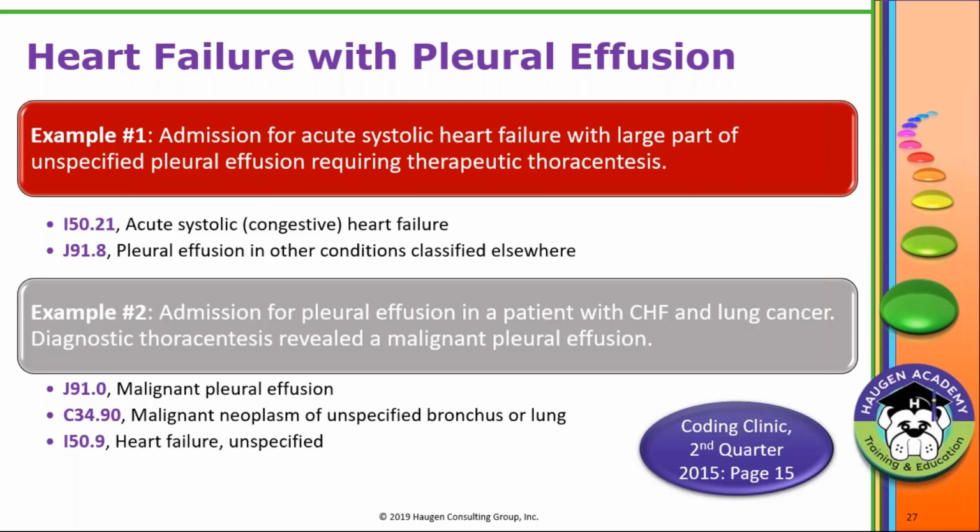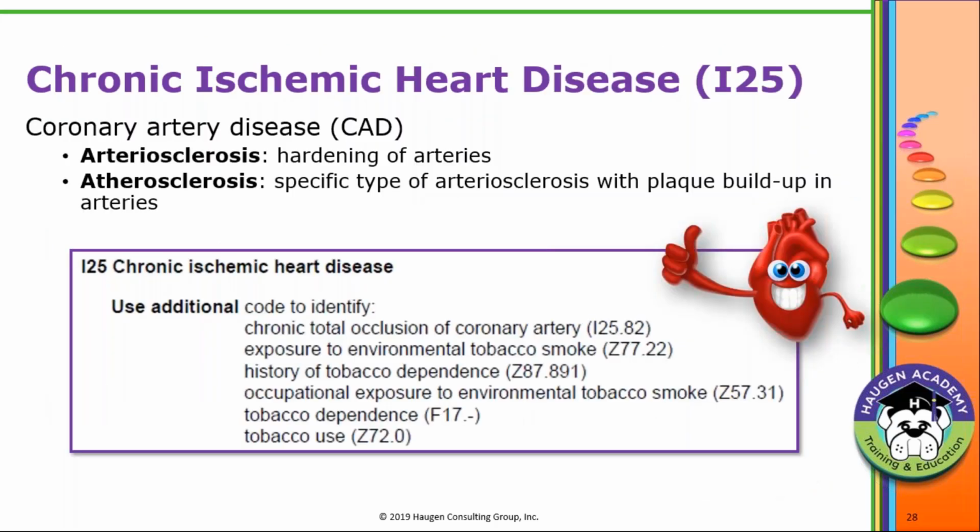They call it aggressive diuresis, and that would all be included in the heart failure code and would not be a time when we would code pleural effusion separately. But there may be a time when the pleural effusion is so bad or it's unrelated to the heart failure and they need to tap the lung, do a thoracentesis, and when they are going to do something above and beyond that aggressive diuresis, then you can code the pleural effusion separately. And this was addressed in Coding Clinic, second quarter 2015.